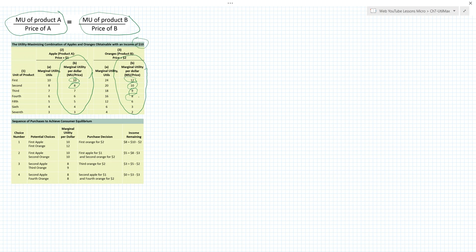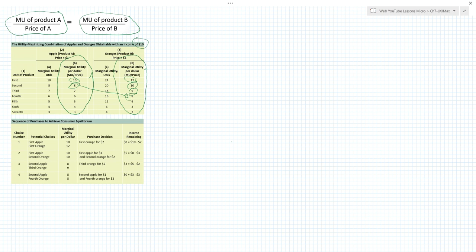I've now exhausted my $10 worth of income, so I'd love to be able to consume more of apples and oranges both if I could, but I can't because I don't have the income. And note that when I've exhausted my income, the ending marginal utility per dollar spent on both of these goods is equal. It's 8 units of marginal utility per dollar spent for both apples and oranges.